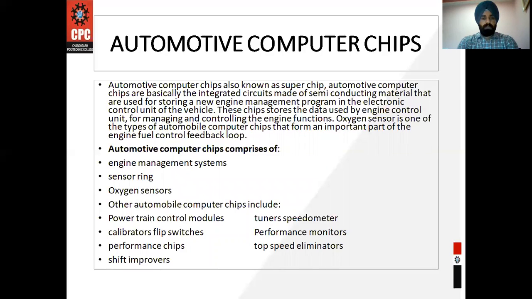Oxygen sensor is one of the types of automobile computer chips that form an important part of the engine fuel control feedback loop. Automotive computer chips comprise engine management system, sensors, oxygen sensor, other automobile computer chips, powertrain control module, and performance chips, shift improvers, tune speedometer, performance monitors, and top speed eliminators.